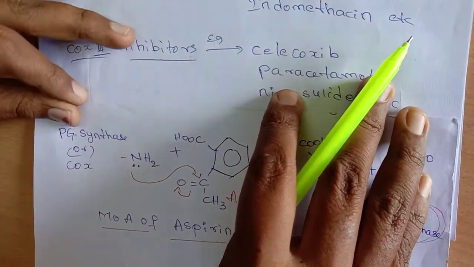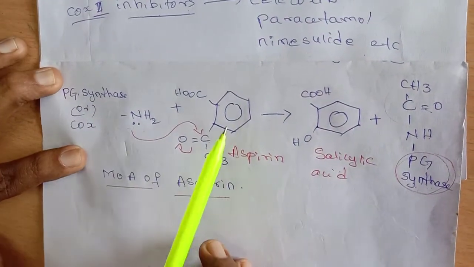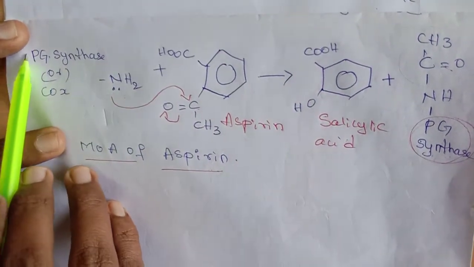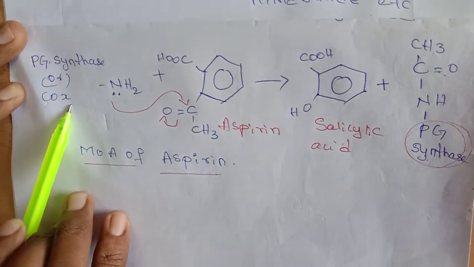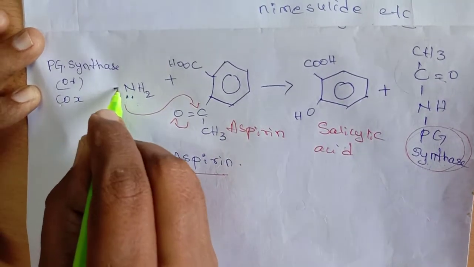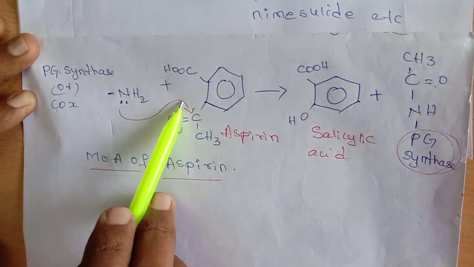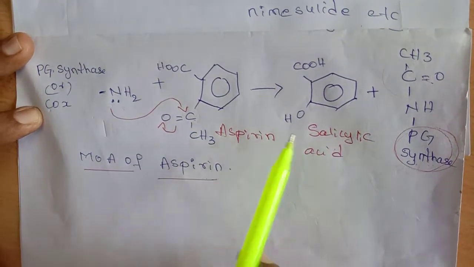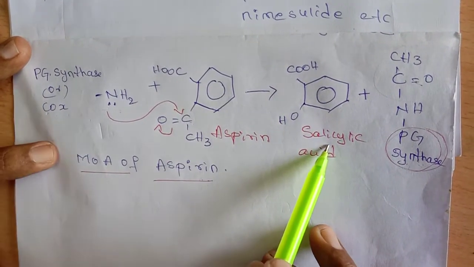Particularly, let us see the mechanism of action of aspirin. Aspirin, which is acetyl salicylic acid, inhibits the enzyme prostaglandin synthase or cyclooxygenase. This enzyme contains an amino group at its terminal end, and the lone pair of the nitrogen on this amino group attacks the carbonyl carbon, and aspirin is converted to salicylic acid.